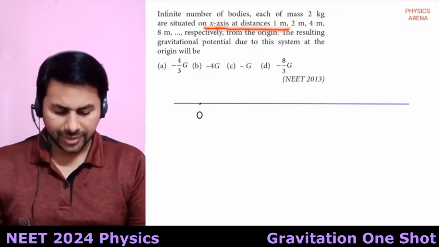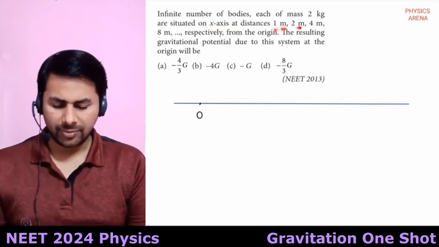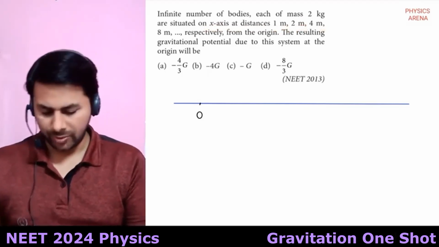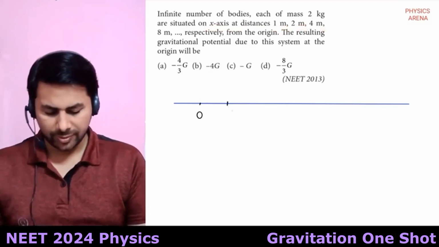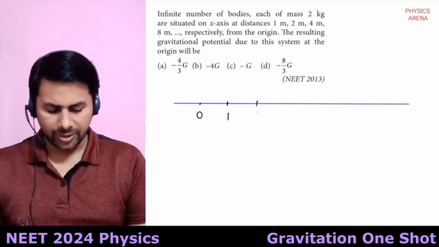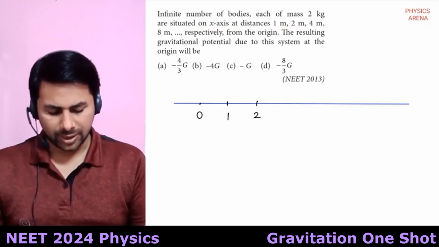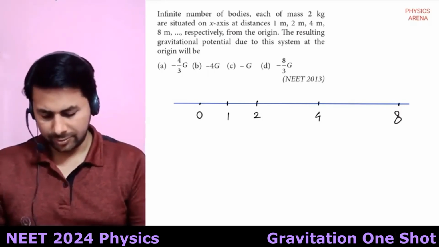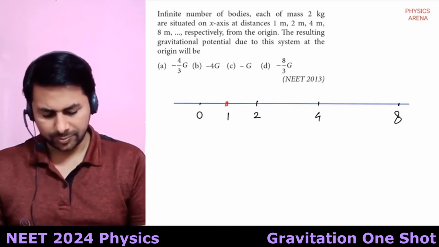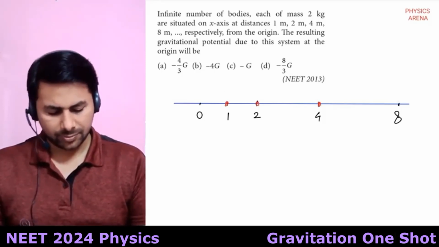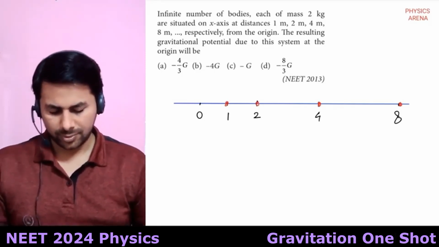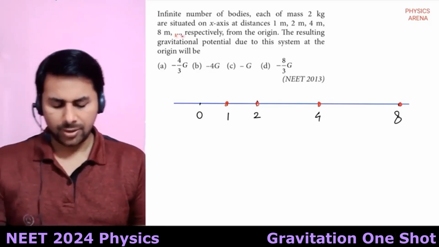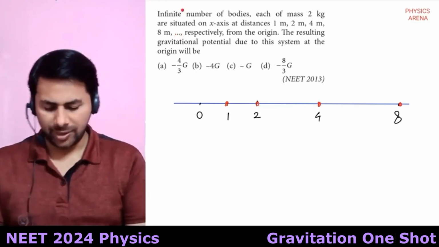They are situated on x-axis at distances 1 meter, 2 meter, 4 meter, 8 meter. So what's happening with the distance? Can you guess? 1 meter, 2 meter, then 4 meter and 8 meters, and so on and so forth. Okay, you have these bodies, and they are kept till infinity.